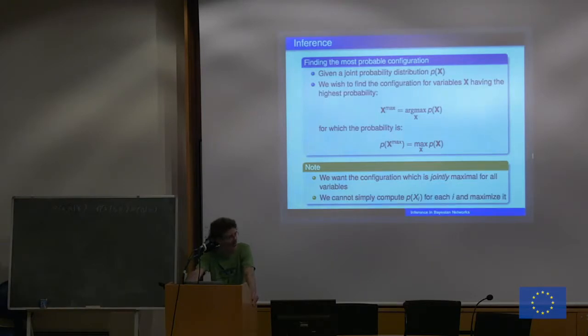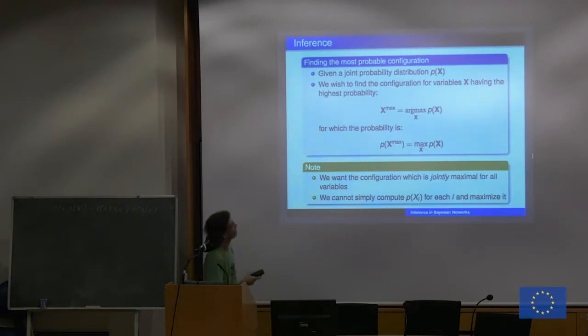This is the task: you have a certain joint probability distribution, and you want to say what is the most probable configuration for all the variables in the network. If I need to decide what the configuration of the variables is, I have to take one configuration, and I would like to have the most probable. And if I have evidence, I want to find the most probable configuration of the variables for which I don't have evidence, given the evidence.